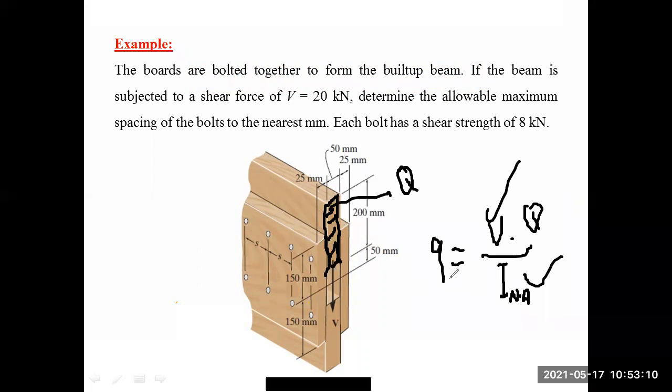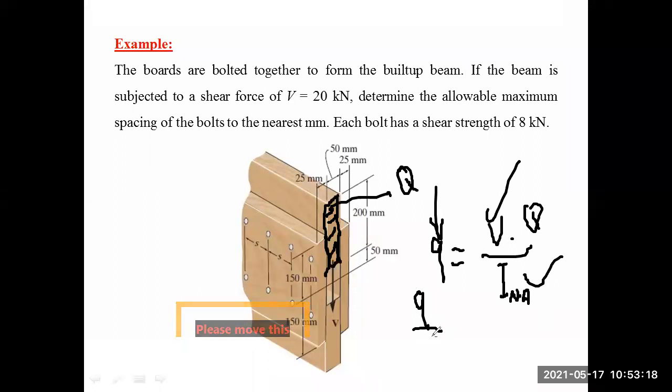Yes. So what you get of Q has to be divided by 2. Once it's been divided by 2, that means you have calculated the shear flow for one row only. So now you get the spacing for one row only.